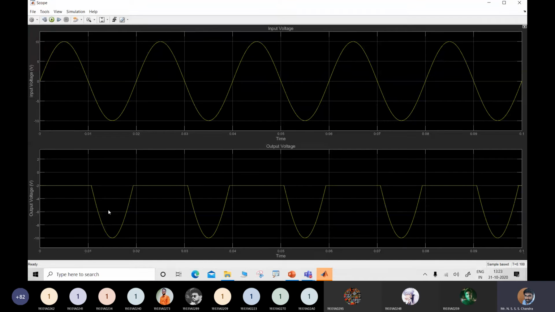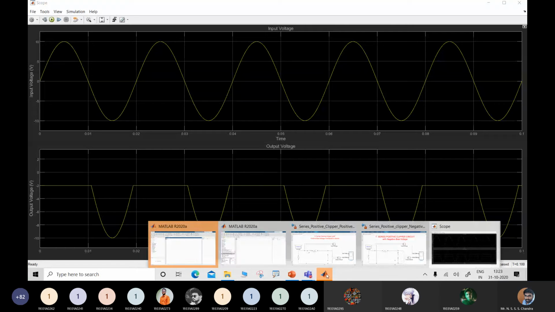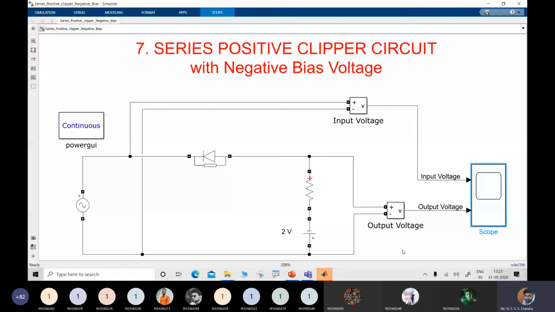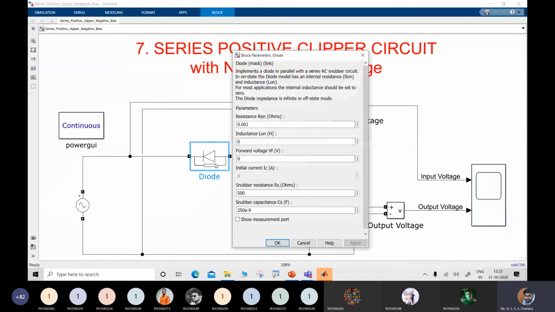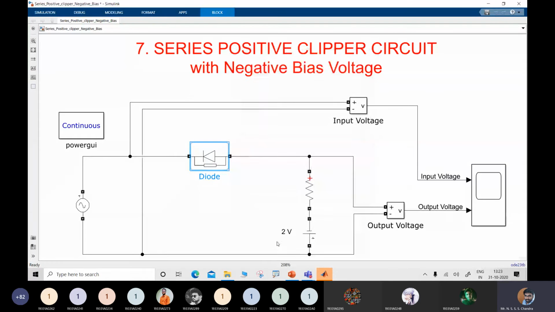So in case I take the diode voltage of a practical diode as 0.7 volts, what will be the negative peak value? Minus 9.3, so it should be less than minus 10. So let us check that by replacing it with 0.7.